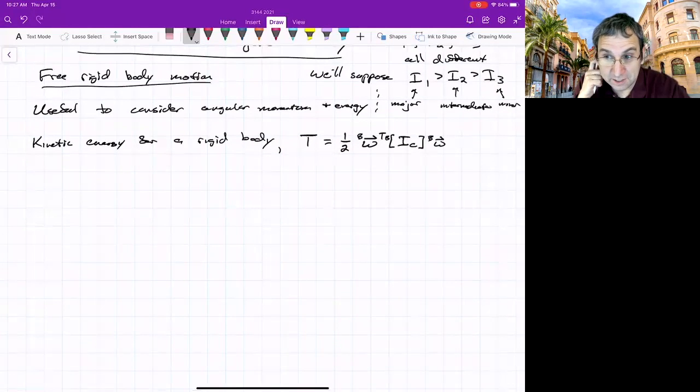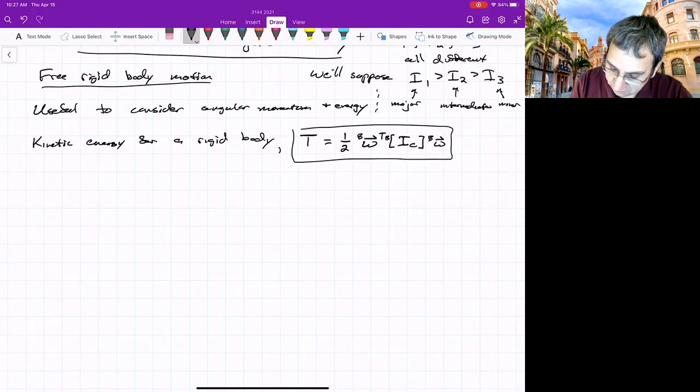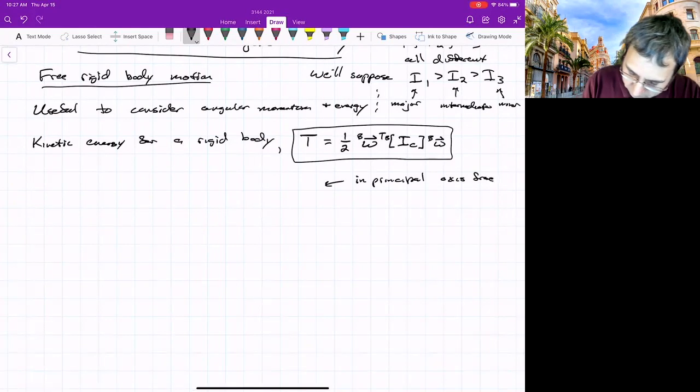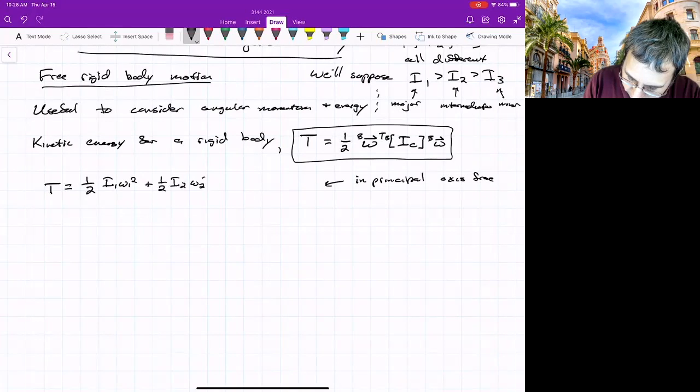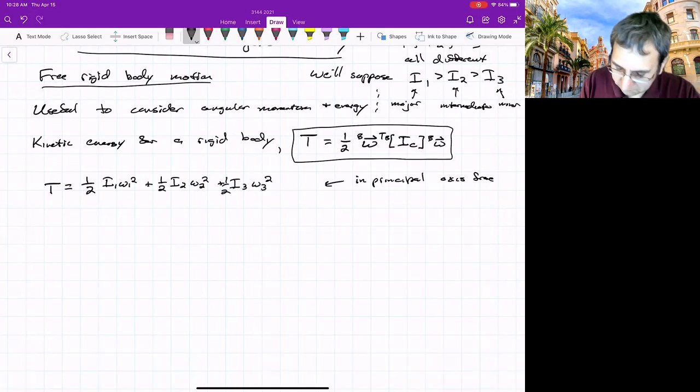This looks particularly simple if we write it in principal axes. So this is the kinetic energy. It works even if you don't have a principal axis, but in a principal axis frame, what does this become? T equals 1/2 I1 omega 1 squared plus 1/2 I2 omega 2 squared plus 1/2 I3 omega 3 squared.